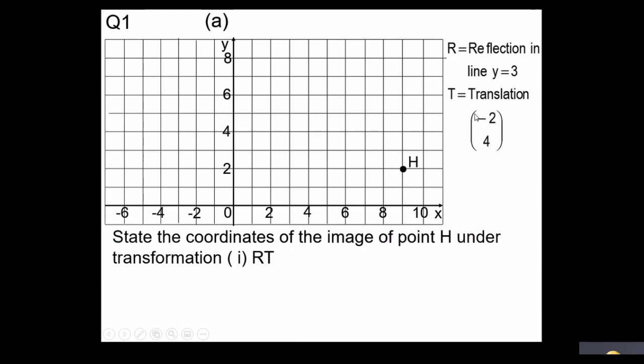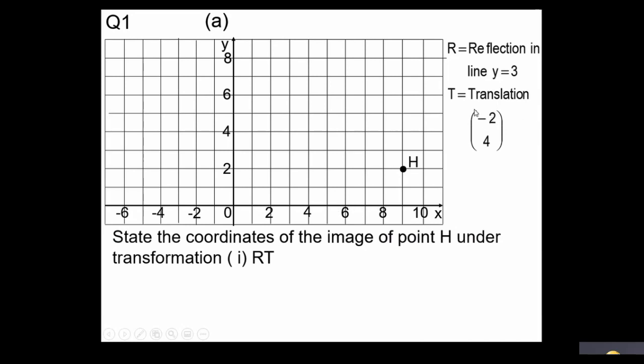Like I said just now, this -2 indicates whether you go left or right, and negative means left. How to remember this? The number above is left or right. You remember this by referring to the x-axis. On the x-axis, on the left there are negative numbers, and on the right they are all positive.